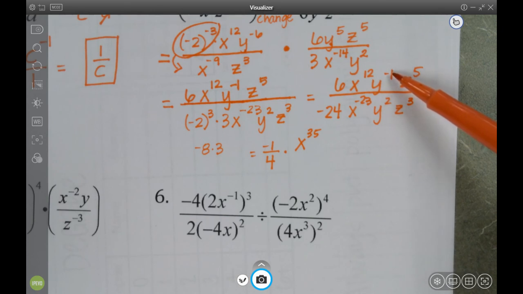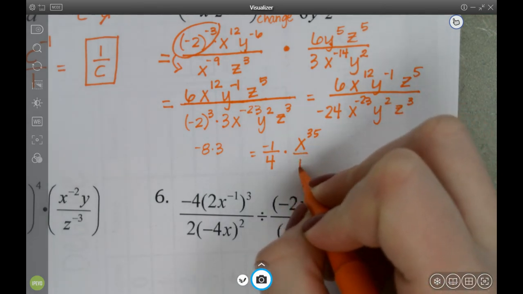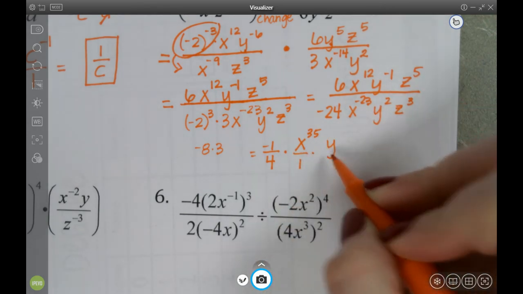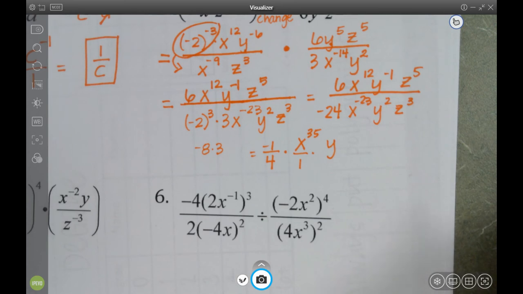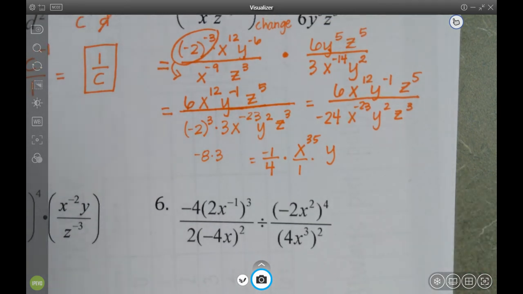What's y to the negative 1 over y squared? That's negative 1 minus 2. What's that? Negative 1 minus 2. Come on, people.